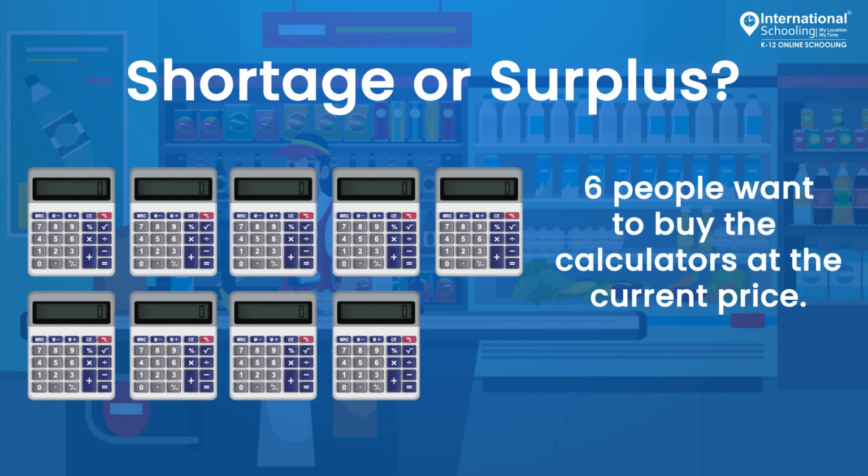Is there a shortage or surplus? A surplus. There are too many calculators to sell. The store might need to lower the price of the calculators so more people are willing to buy them and there would no longer be a surplus.